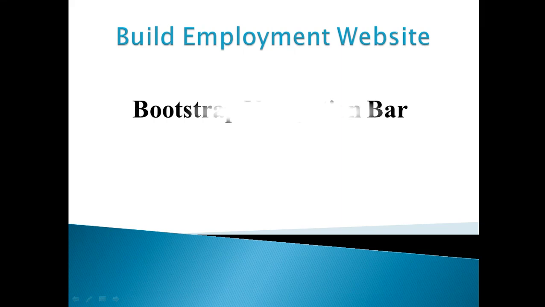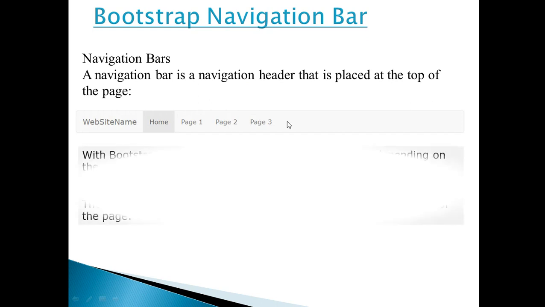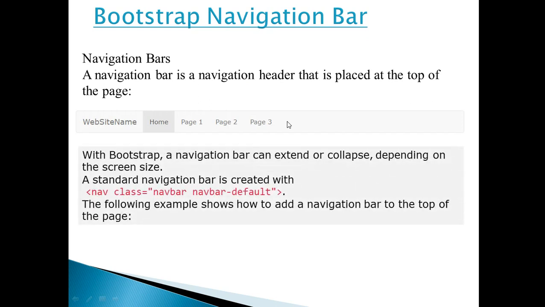What is Bootstrap? Bootstrap navigation bar. A navigation bar is a navigation header that we place on top of the screen, and this is an example of how a navigation bar looks like. As I said, we are going to use the Bootstrap navigation bar, which extends and collapses depending on the screen size.